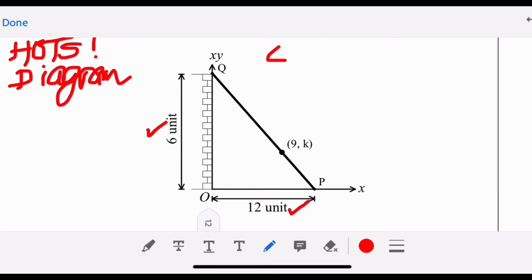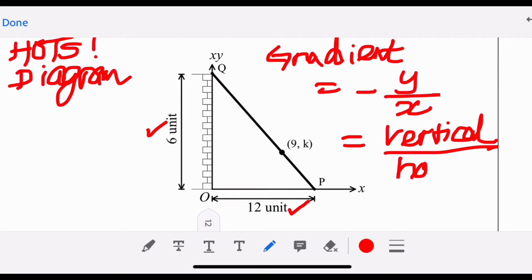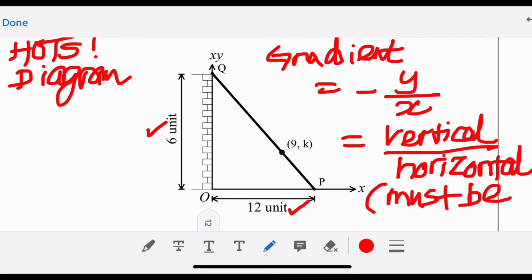So then we can actually try to find the gradient for the equation of PQ. So you can use the concept of negative y-intercept over x-intercept, if your concept of the gradient is good. Be careful because the line is going down, so you must have a negative sign, which is negative 6 over 12, because the vertical length is 6 units and the horizontal length is 12 units.